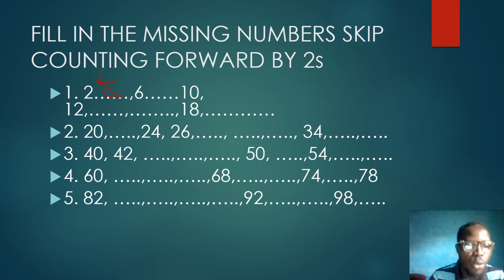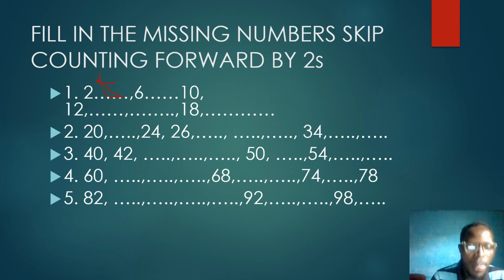So 20, you add 2 to it. 20 plus 2 is what? 22. 22 plus 2, 24. 24 plus 2, 26. 26 plus 2, 28. 28 plus 2, we have 30. 30 plus 2, 32. 32 plus 2, 34. 34 plus 2, 36. 36 plus 2 is what? 38. So you keep on adding 2 to the number that you have been given.